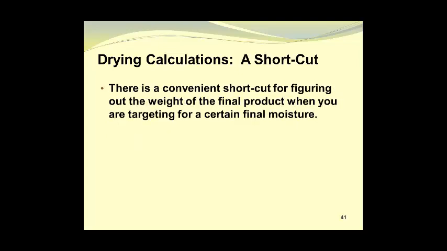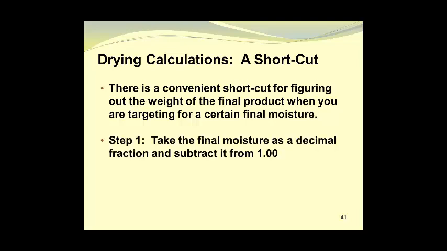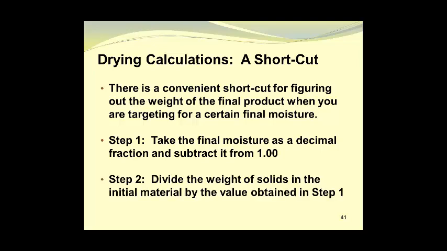There is a convenient shortcut that you may want to know about for figuring out the weight of the final product when you are targeting a certain final moisture. Step 1 is to take the final moisture as a decimal fraction and subtract it from 1.00. 1.00 is the decimal equivalent of 100%.